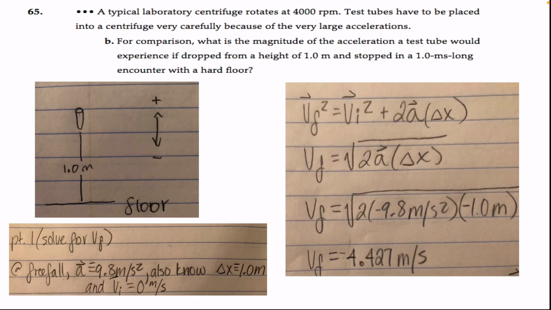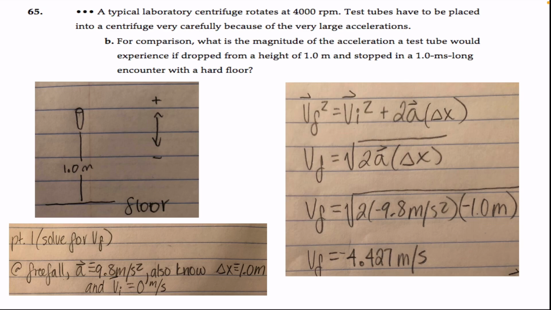So I used the givens for this problem and one of our kinematics equations from one of the earlier chapters in order to solve for that final velocity that the test tube is going to have right as it's making contact with the floor.